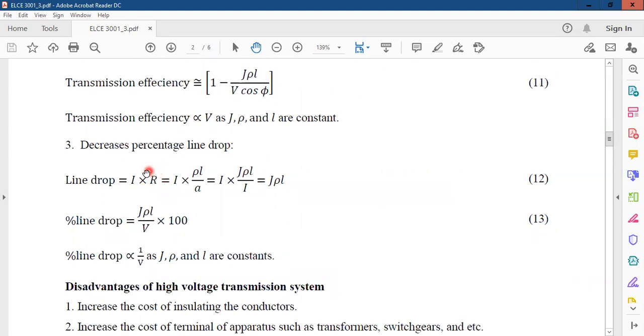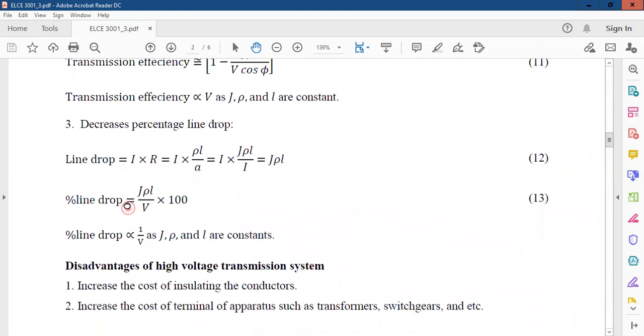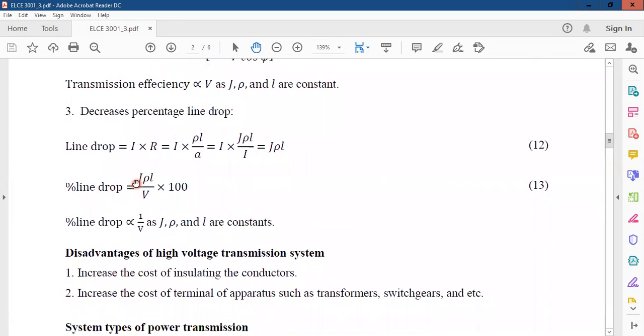We already know that the value of R can be calculated from rho L over A. So, line drop equation will equal I multiplied by rho L over A. Eliminating I with A gives J rho L. Now, percentage line drop equals J rho L over V multiplied by 100.